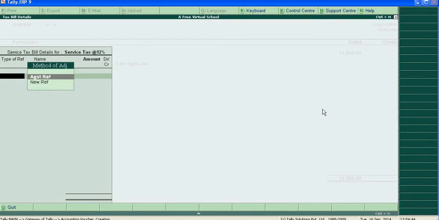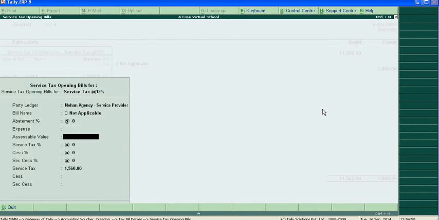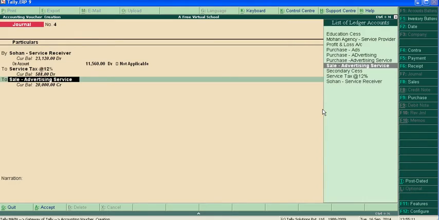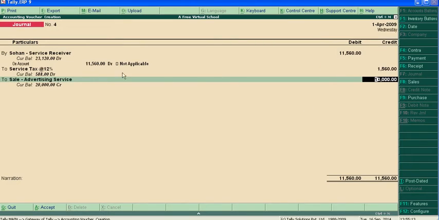Now this is a service tax. Just the amount 15,060. Service tax is 12%, and this is 2%, and this is 1%, and this is sale.